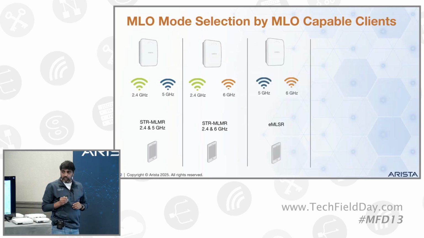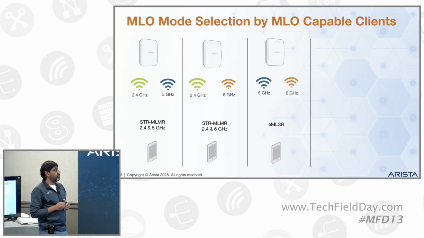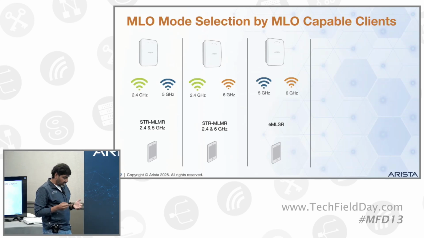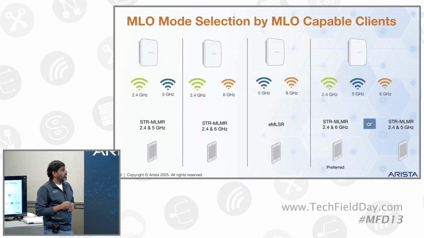But when you have SSIDs on 5 and 6, which is the common deployment practice in the field, where we tend to have 5 and 6 because we don't want to enable 2.4, mainly because the 2.4 band has high interference and is a polluted channel overall. But what we have noticed is that when you have SSIDs on all three bands, most of these clients prefer 2.4 and 6, especially compared to 2.4 and 5. That's what we have seen.